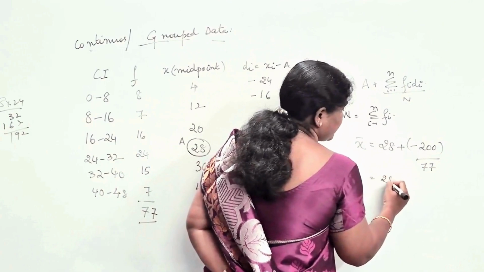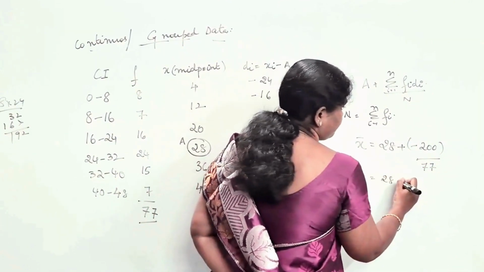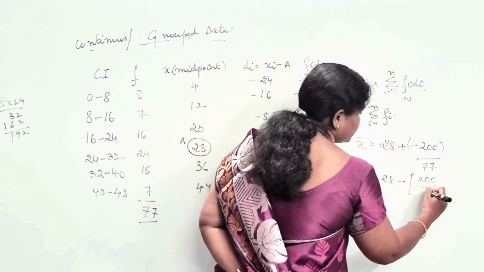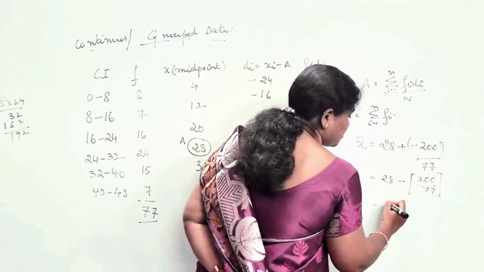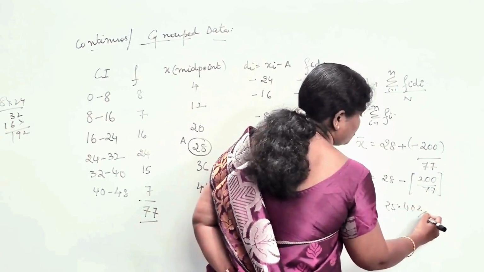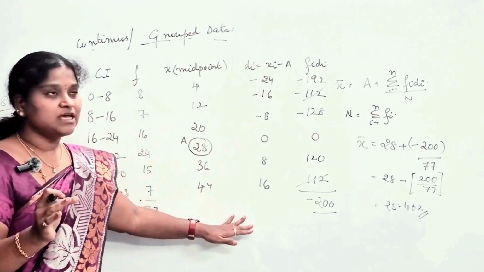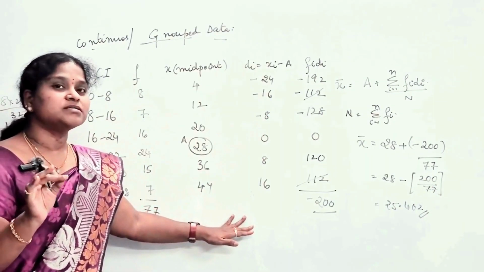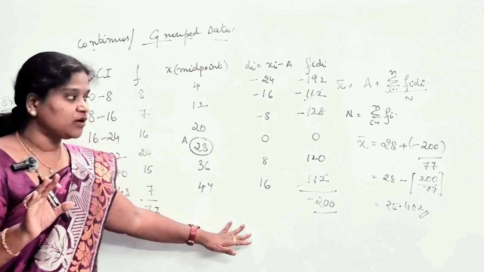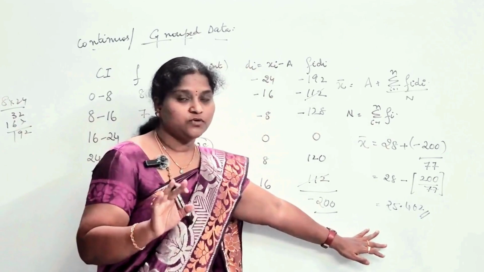That is 28 minus of 200 by 77. That is equal to 25.402. Previously we have seen the application of x bar is equal to sigma fi xi by sigma fi. There also we got the same value 25.402.